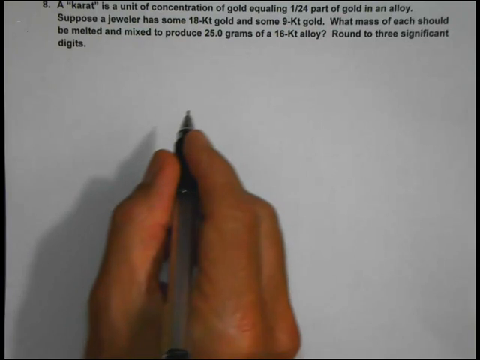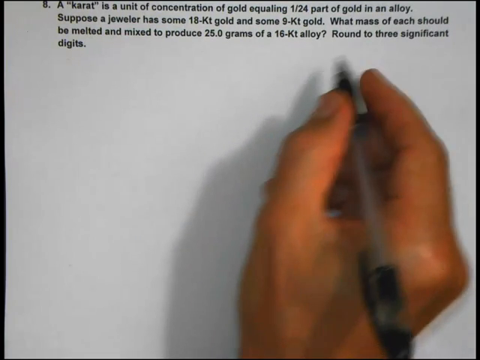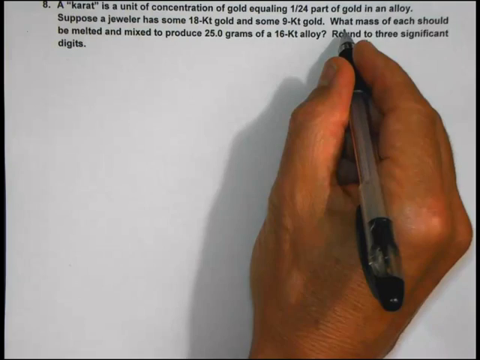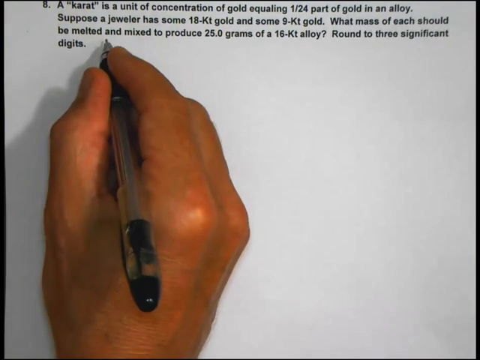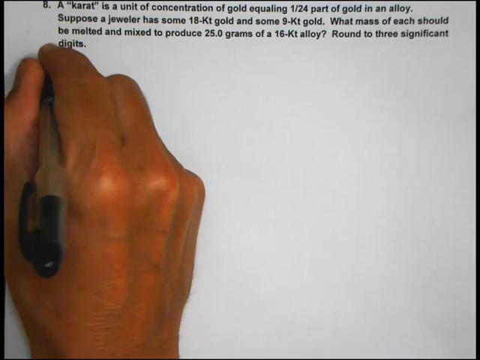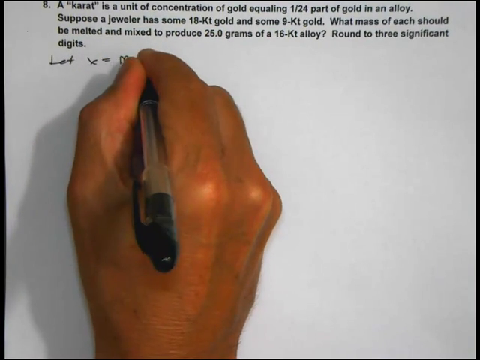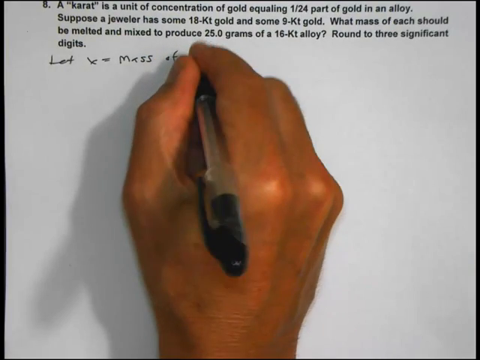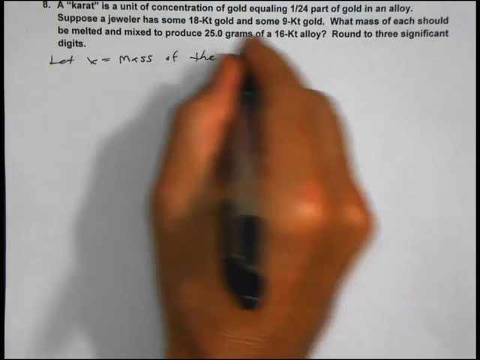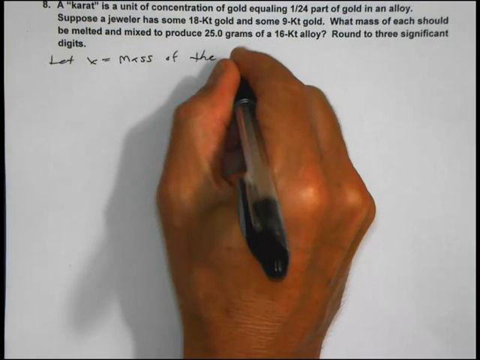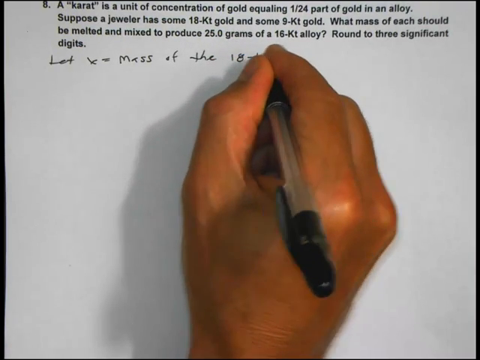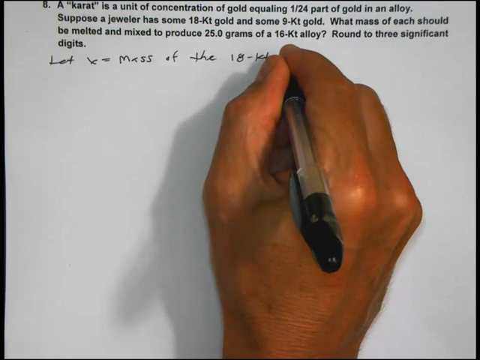Okay, here the quantities that we might use to define as variables are exactly the same as the quantities that were asked for. The question eventually asks us what mass of each should be melted. Okay, how about letting x equal the mass of the 18-karat gold.